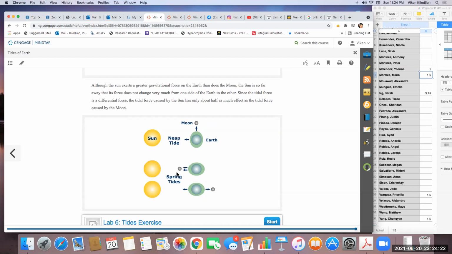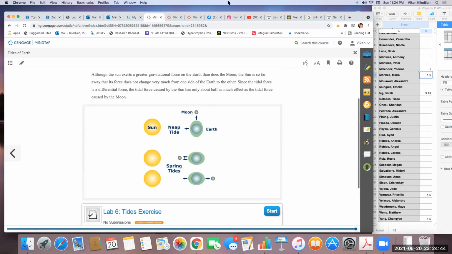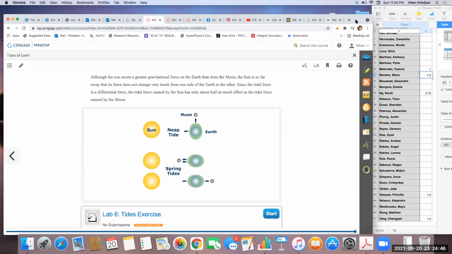But spring tides occur when the moon is in new moon phase, which is shown here, or full moon phase, which is shown here. So the high tide should be higher than the high tide here, and the low tide here should be lower than the low tide here. I think they didn't really show that well in the picture here. But if you look at pictures online, you'll see a little bit more.